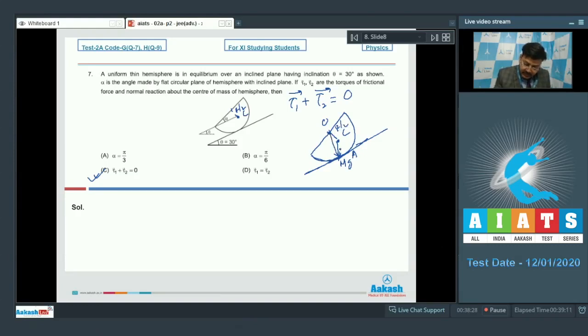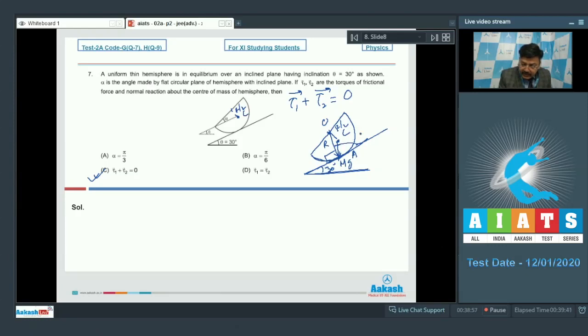And if we join, this angle will be 90 degrees, because this is tangent and this is radius, so this is a 90 degree angle and this length is r. Further, this angle is given as 30 degrees. So this angle also is 30 degrees because this line is perpendicular to the incline and this line is a vertical line perpendicular to the horizontal.